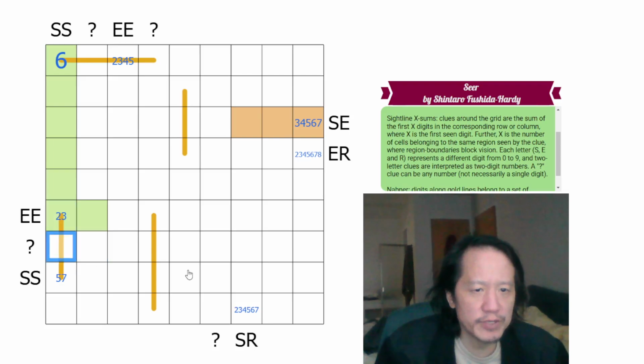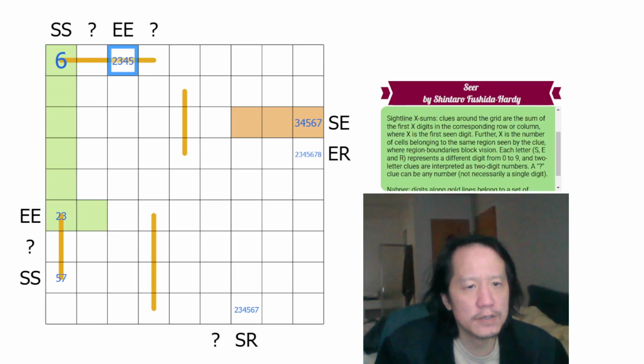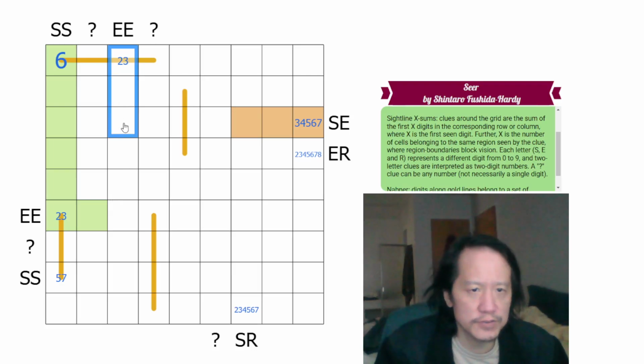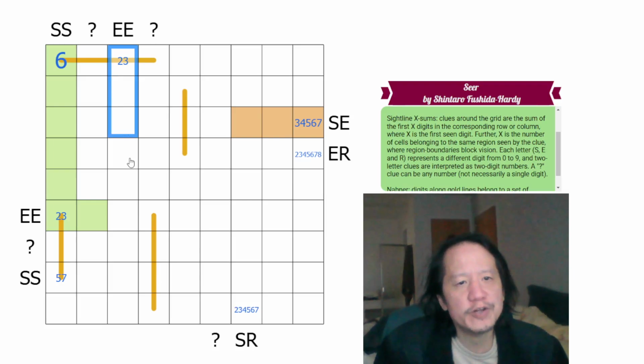So then this would be a separate region. This would have to be 5 or 7. This one then would be 2 or 3. So this would be 11 also. Interesting.